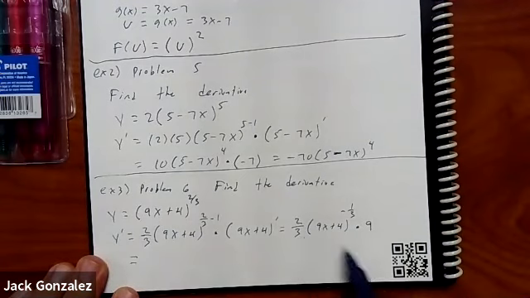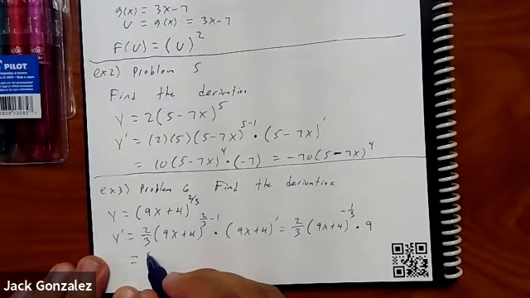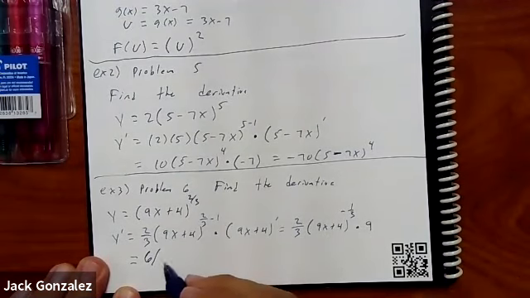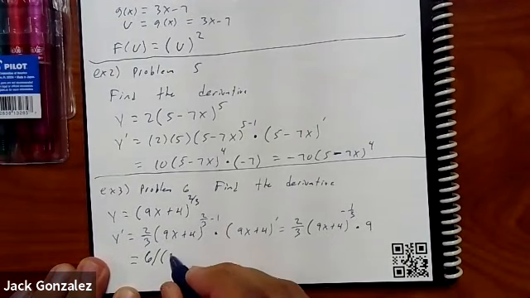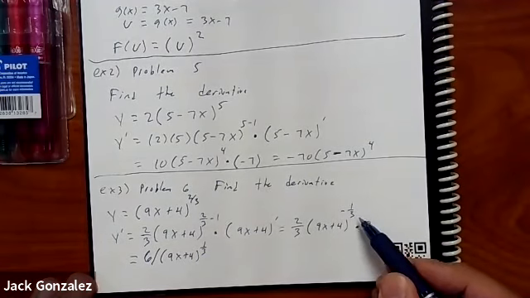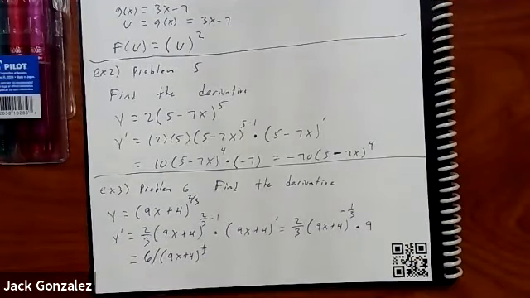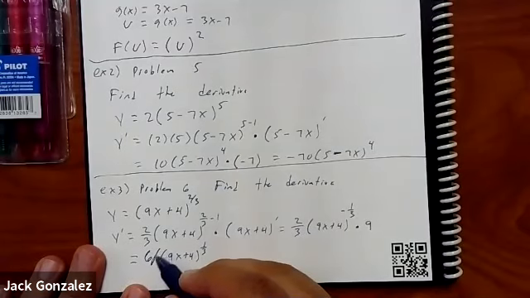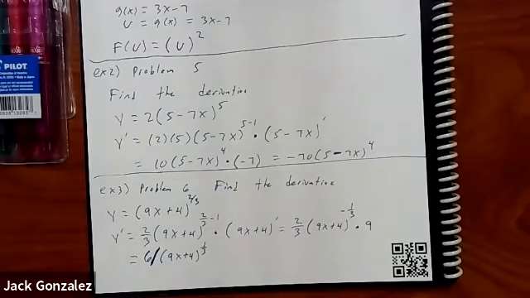So 9 times 2/3, that's going to be 6. So our answer will be 6 over (9x plus 4) to the 1/3. Got to bring the negative 1/3 to the bottom. Is that okay? Should be a fraction.